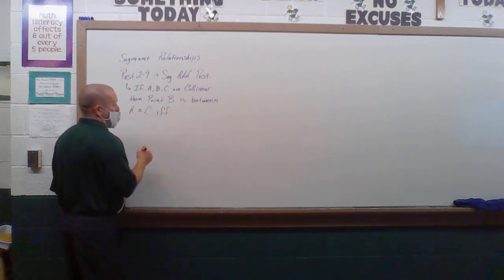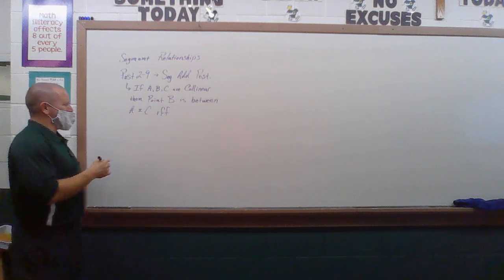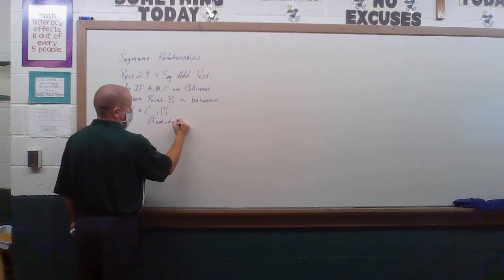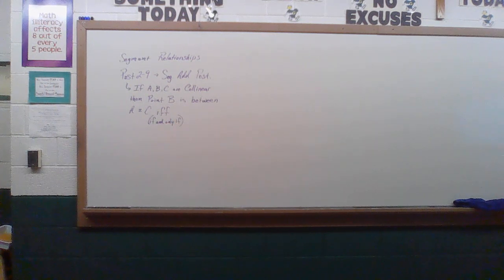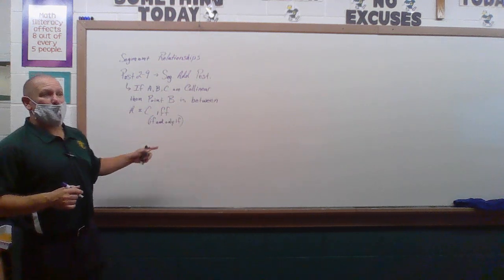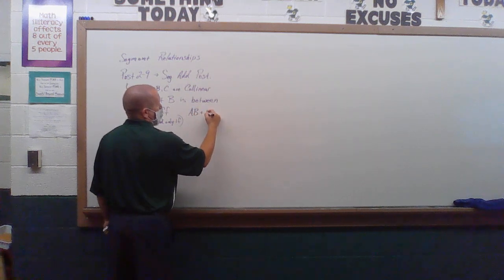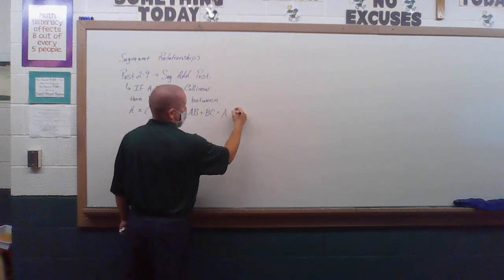Ever seen this? IFF. This means if and only if. So you'll see me write that down quite a bit. Point B is between A and C if and only if AB plus BC equals AC.